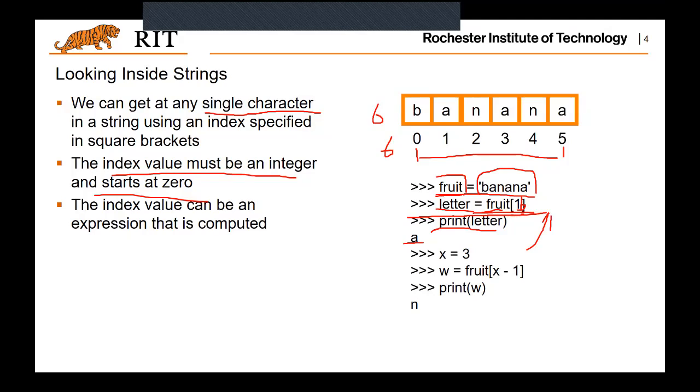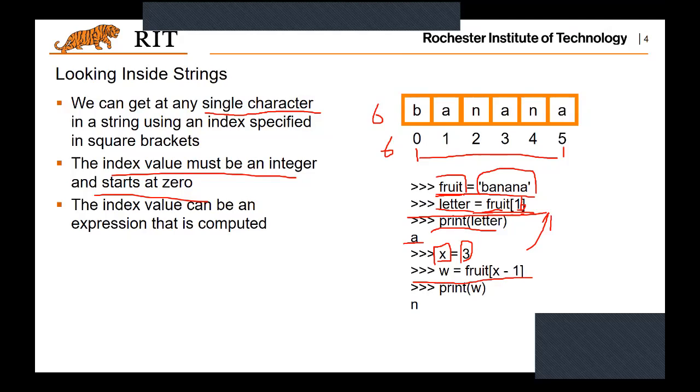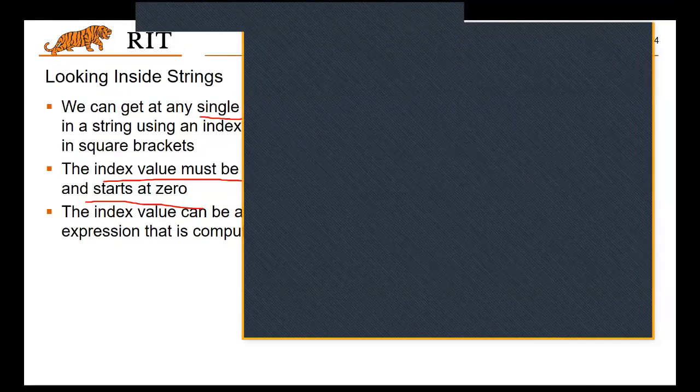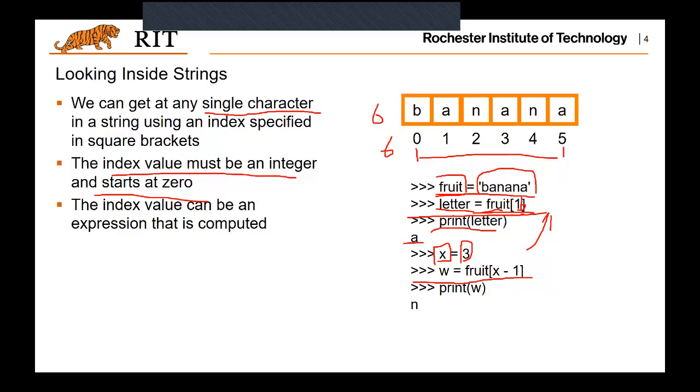Also, you could use an expression. For example, put an x, which is a variable, and assign 3 to this variable x. In the second line, what you want is the character in front of this x index.